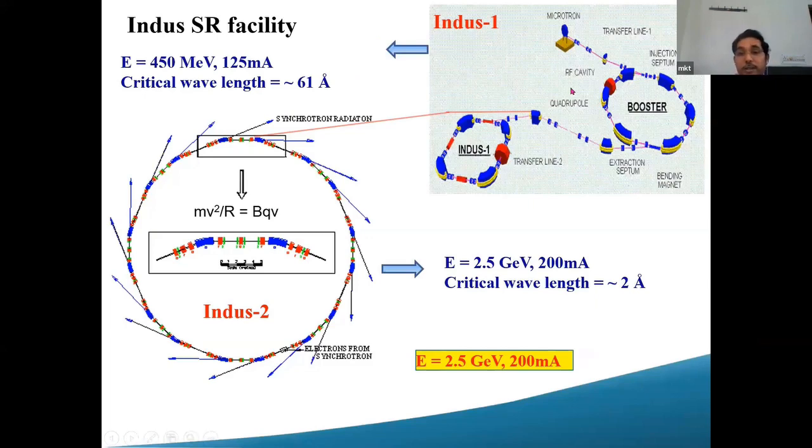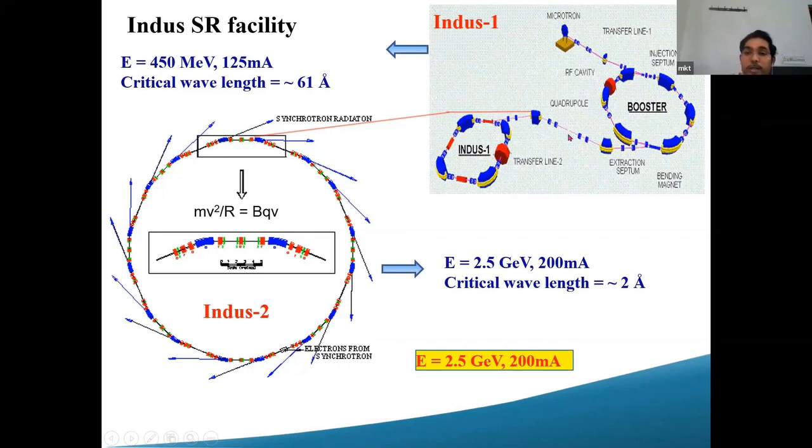Basically, we generate the electrons from a microtron, and then we put this electron beam in a booster ring where we boost the energy from 20 MeV to 450 or 550 MeV. Because Indus 1 is a small source, a soft X-ray source, normally we allow the electron beam of energy 450 MeV directly from the booster.